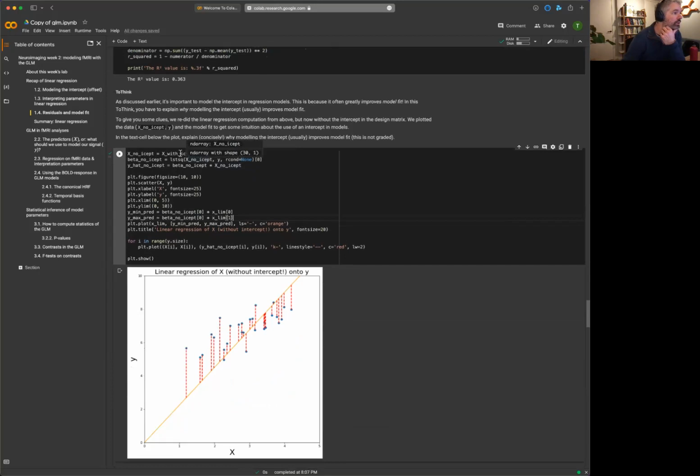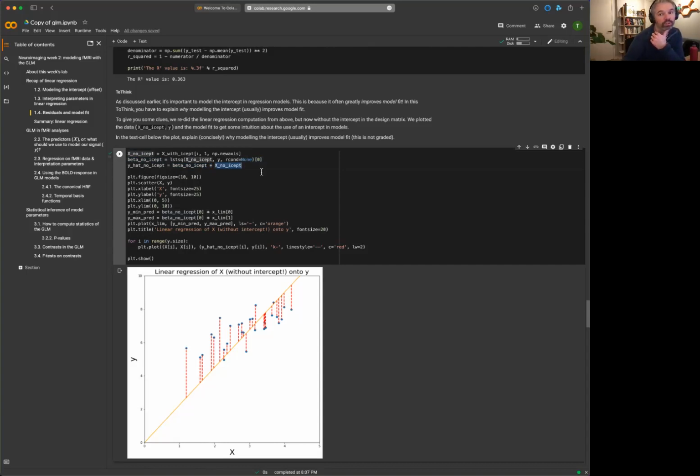Now, because our x no intercept is only a single vector, you can just do least squares. There is now no intercept in this x, so you get out a single beta weight. And that beta weight, you are going to now just multiply with x no intercept, right?